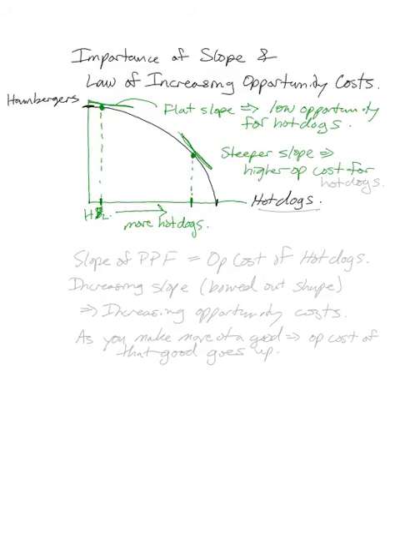Again, the slope of the PPF is equal to the opportunity cost of the good on the horizontal axis. In this case, hot dogs. The increasing slope, also illustrated by the bowed out shape, is what results in increasing opportunity costs.